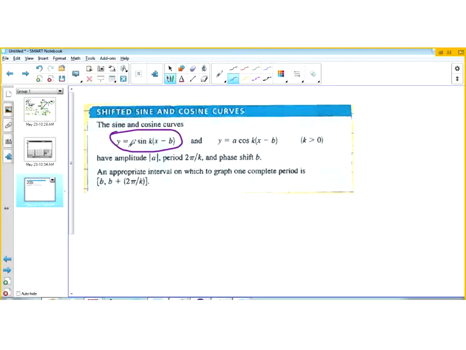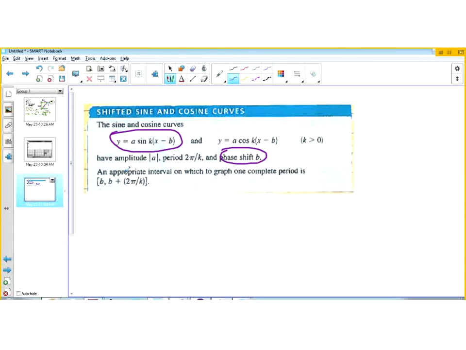In this equation, you have an amplitude, which is the absolute value of a. You have a period, which is 2 pi over k, and now you have a right shift b. And the technical definition is b is called a phase shift. We're shifting the terminal number, or we're shifting the angle.